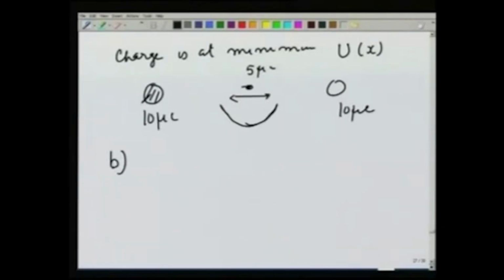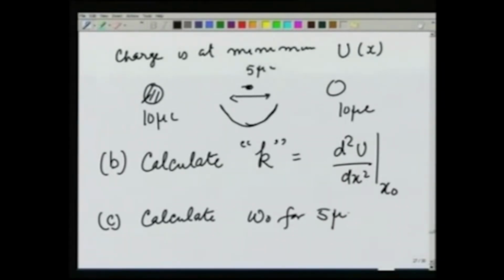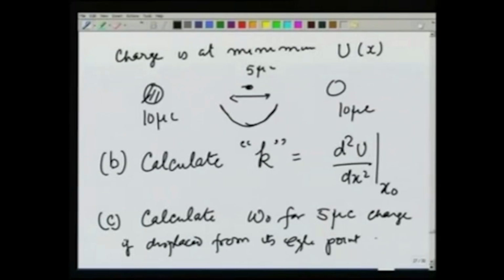Number 2, calculate the spring constant K, which we have already decided is d2U over dx square at the equilibrium point, and therefore 3, calculate the oscillation frequency omega naught for the 5 microcoulomb charge if displaced from its equilibrium point along, let's call this the x-axis.